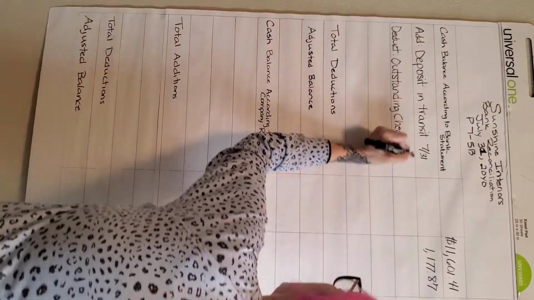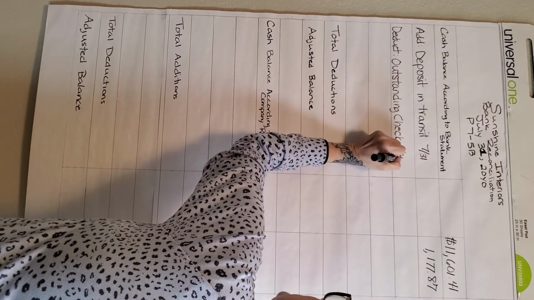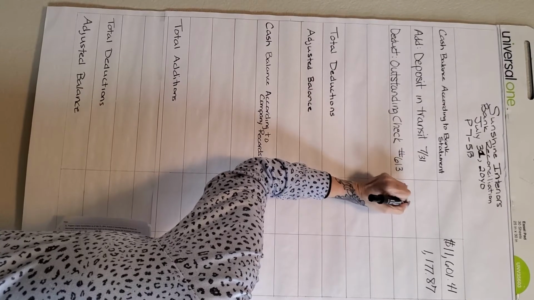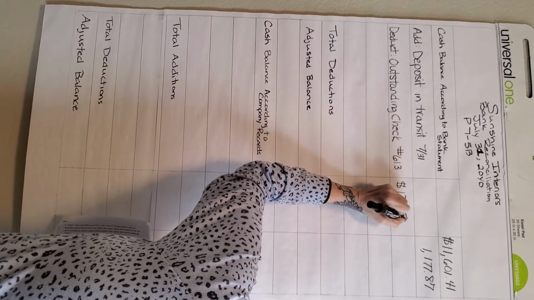On the first one I have is number 613, which is for $137.50.